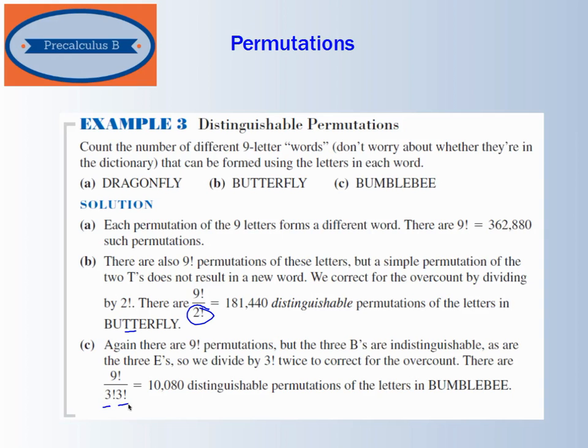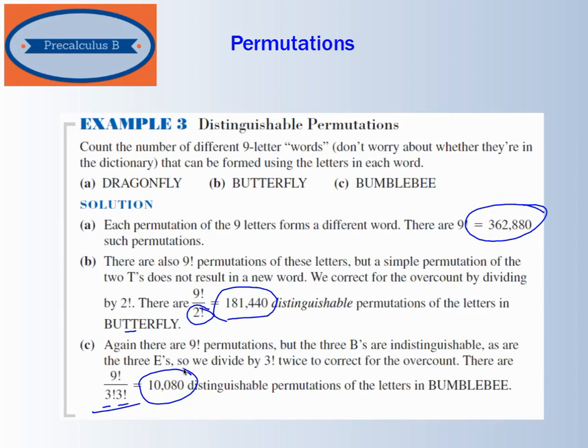So we would go from dragonfly, where we had 362,000 permutations, to butterfly, where because of the 2 T's, we lose half, so we go down to 181,000. But with bumblebee, because we had to divide by 3 factorial twice, we drop all the way down to 10,000 distinguishable permutations.